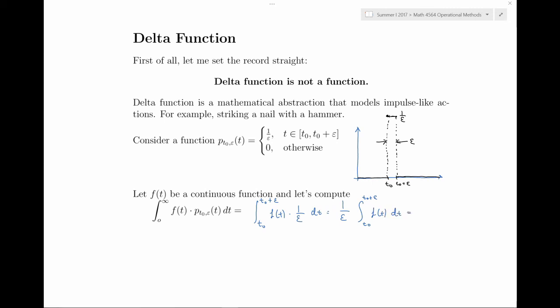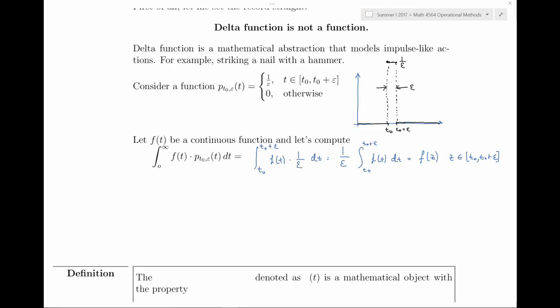If you remember the mean value theorem for integrals, this is exactly an average value of f on the interval from t naught to t naught plus epsilon. And we know that continuous functions achieve their average value at some point z that is inside the interval from t naught to t naught plus epsilon.